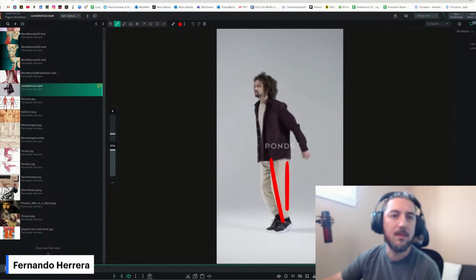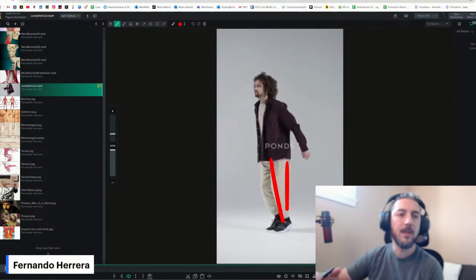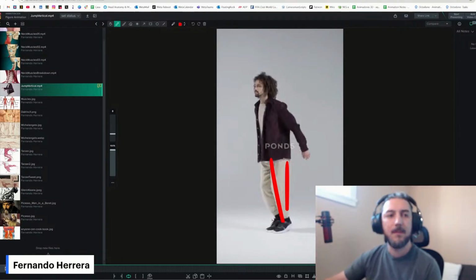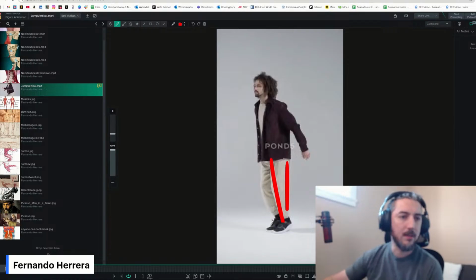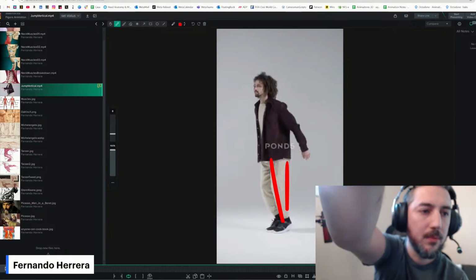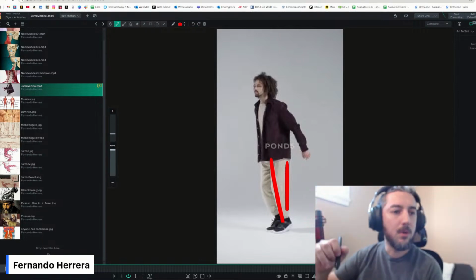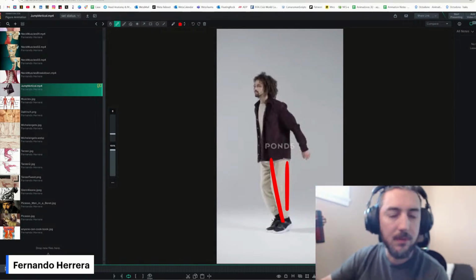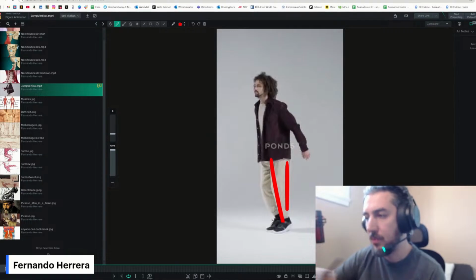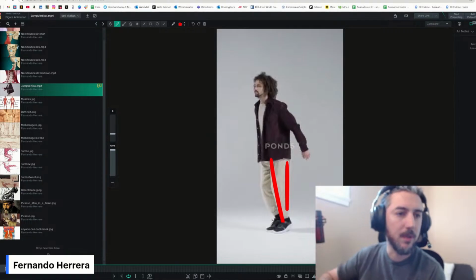So one thing is, for example, if you're getting a formula like the walk cycle, we already have those predefined poses on walk cycles, like contact, down, passing, up, right?